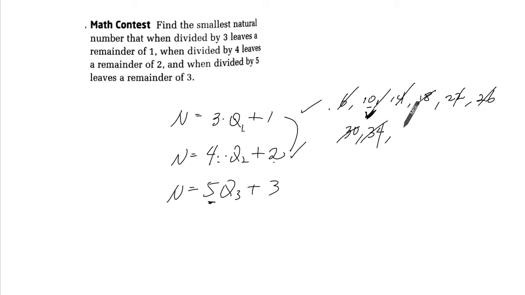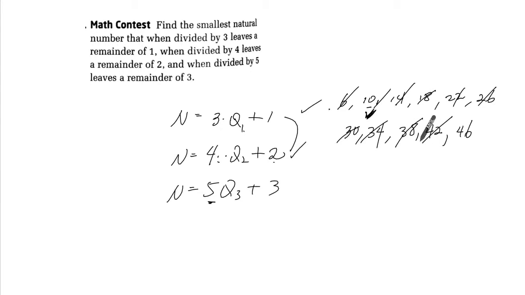Okay, let's keep going up. 38. The next one will be 42. 42 won't work because it's a multiple of 3. Then we go up again, it's 46. If you divide this by 3, it won't work.